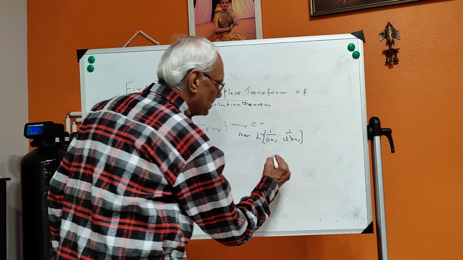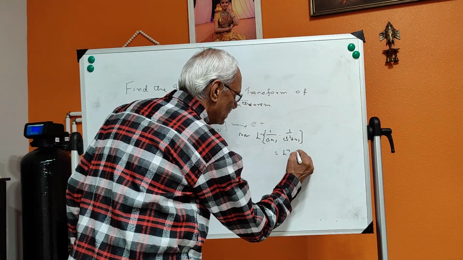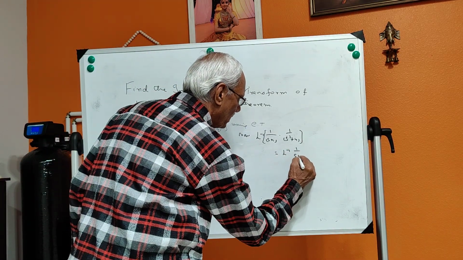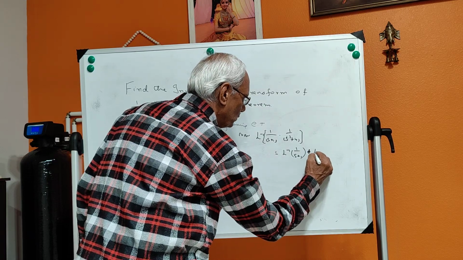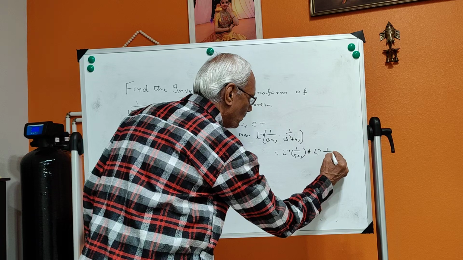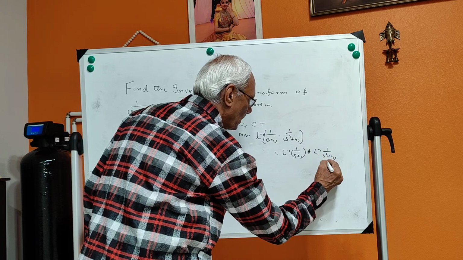This is equal to L minus 1 of 1 by (s plus 1) convolution L minus 1 of 1 by (s square plus 4).